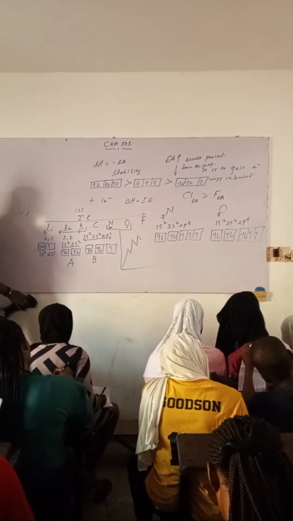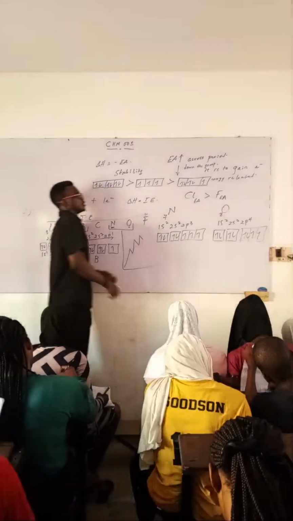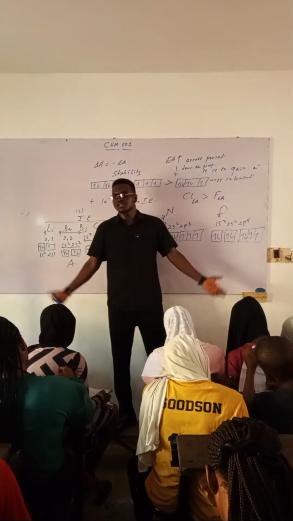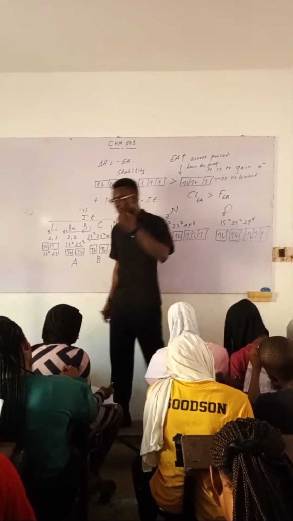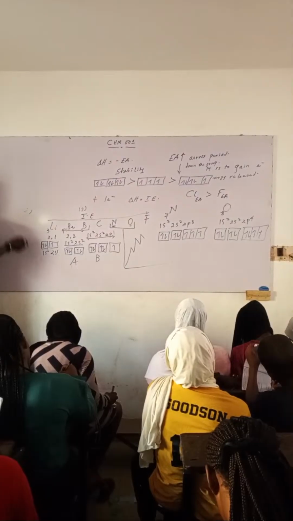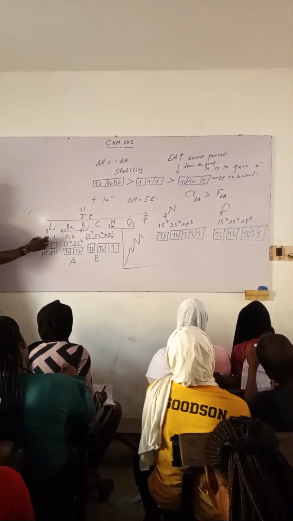So without wasting time, as you move from left to right, electronegativity increases and also decreases down the group.